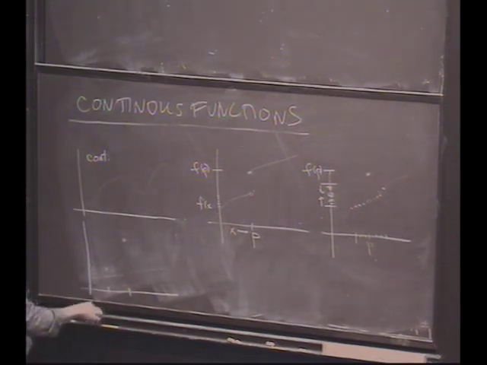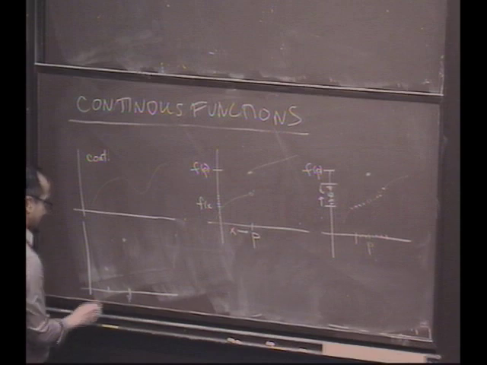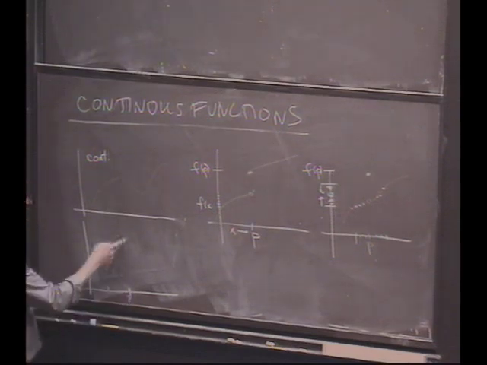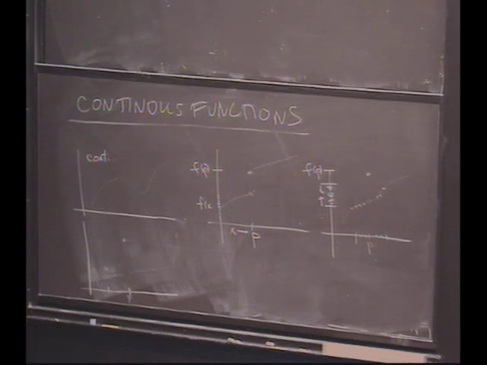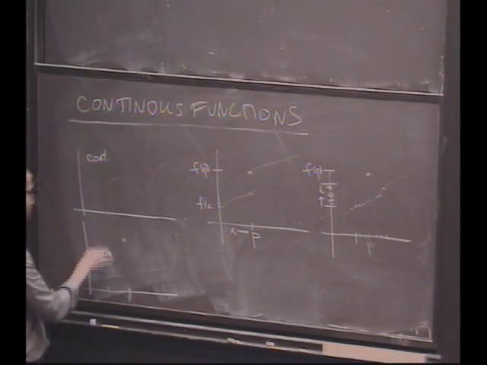So do you want to check that it's continuous at this point or this one? Doesn't matter. We'll just do this one. Is F continuous here? Is it true that for every epsilon you name, there's a delta around P, so that as long as you're within some delta of P, you're within some epsilon of F of P?